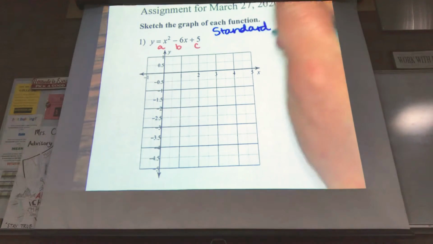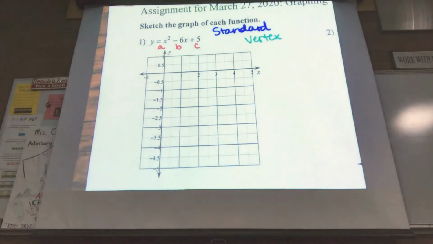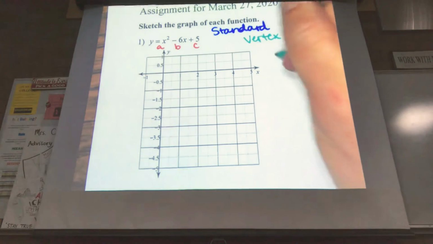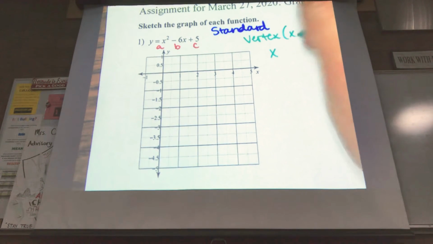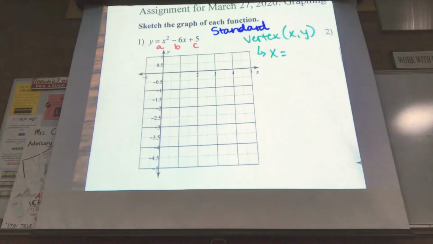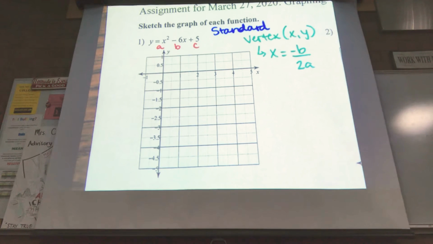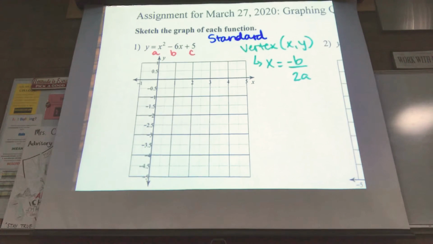To find our vertex, which is the very top or very bottom of our graph, we first need to find the x part. The vertex is an actual coordinate point, but to find the x part we use this formula: negative b over 2 times a. Hopefully you remember that.